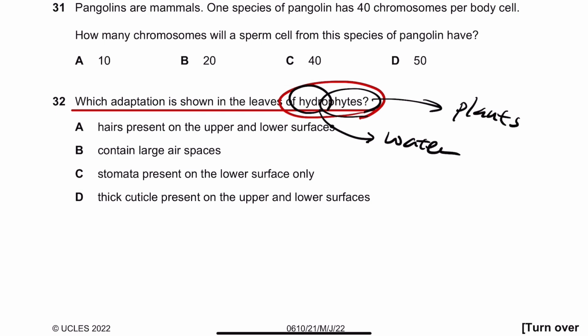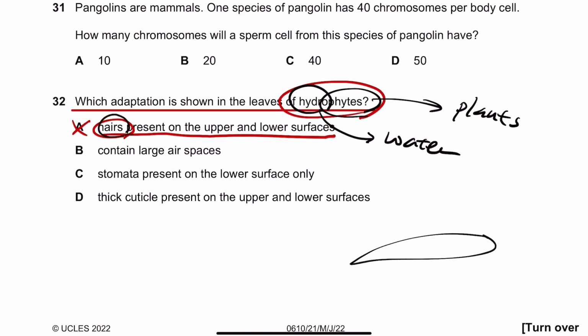So let's have a look at the options here. A, hairs present on the upper and lower surfaces. No, it's got nothing to do with adaptation on or in plants that live on or in the water. The reason is that the hairs on the leaves usually prevent the leaves from losing the water vapor surrounding the leaves.